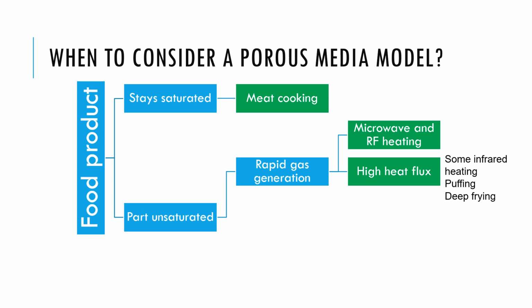Another example could be the presence of CO2, internal CO2 generation, as in the baking process, that will also generate pressure. So in all these situations where pressure is generated and there's pressure driven flow, we really have no choice but to think of this porous media formulation.